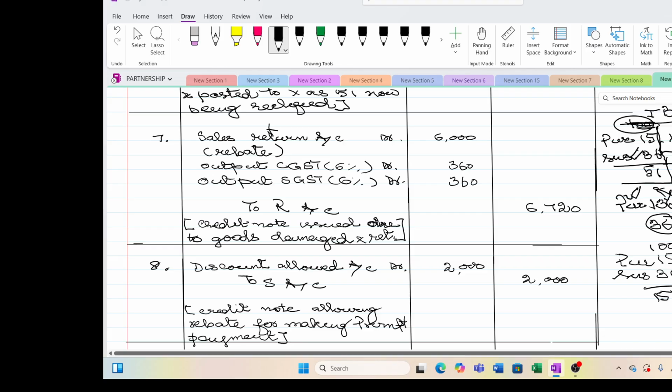So X has to be credited with 100 rupees. So you understand this 136 and this 100. We have to do it, and we have to reverse this suspense account, and we have to add this to this purchases account because it is no more a suspense account. So first we are going to add this 136 to purchases account so that this side becomes 151, and this suspense account we have to credit so that it gets closed. Done.